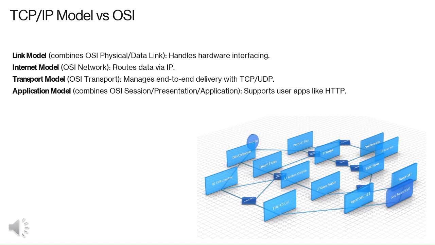It's only 4 layers because it combines some OSI layers for simplification. Notice how the bottom link layer handles both physical and data link functions, and the top application layer combines session, presentation, and application, those 3 layers. Almost every device you use today follows TCP/IP protocols. It's the actual language of the internet.